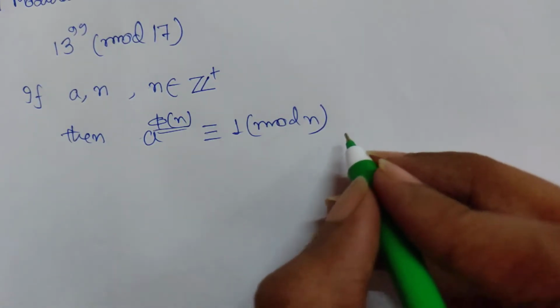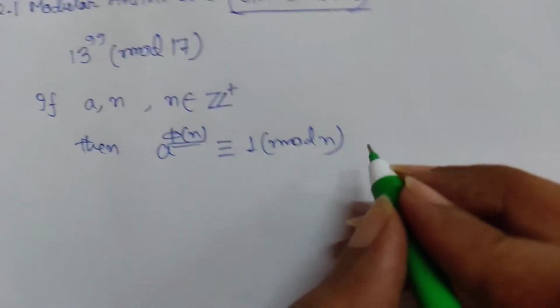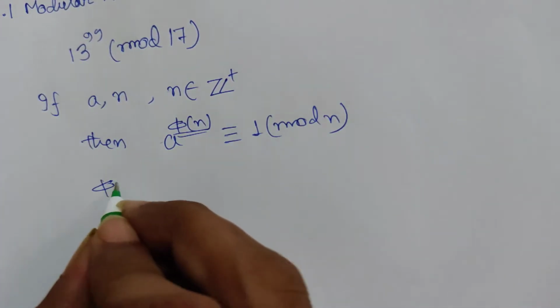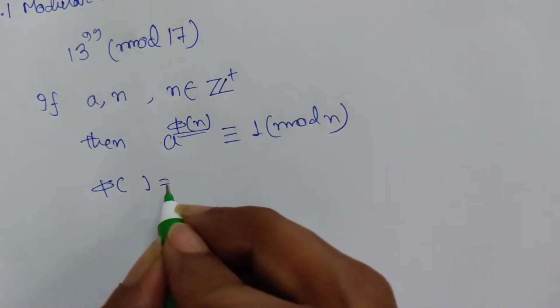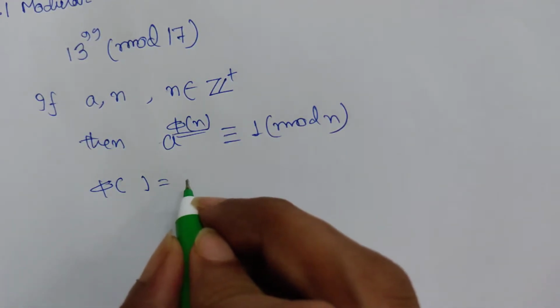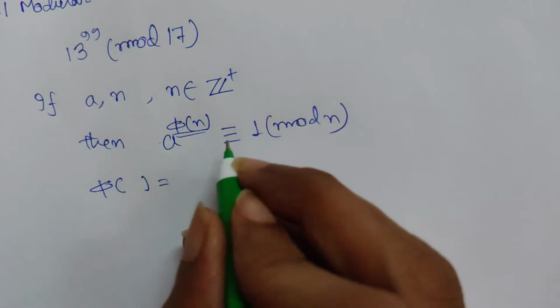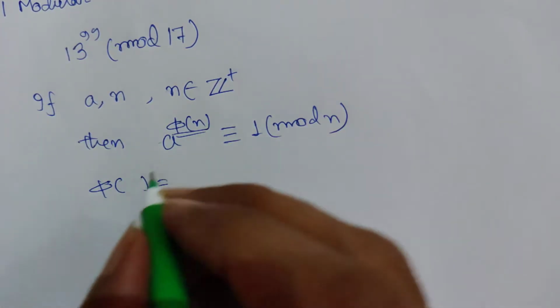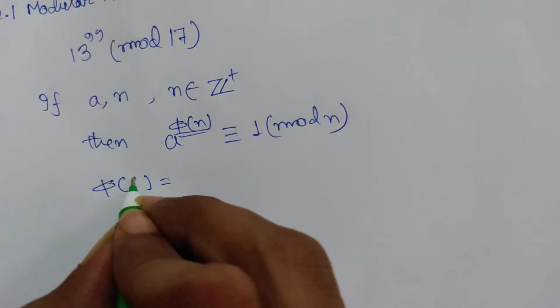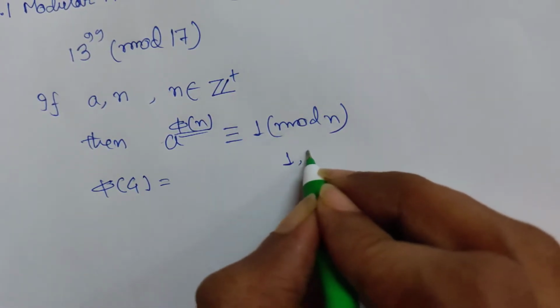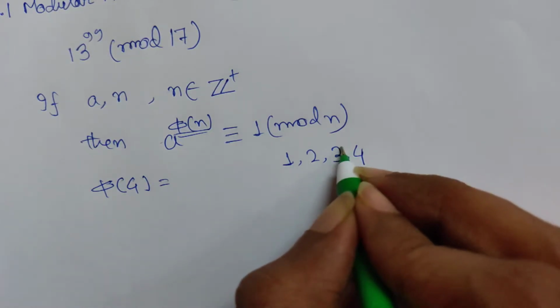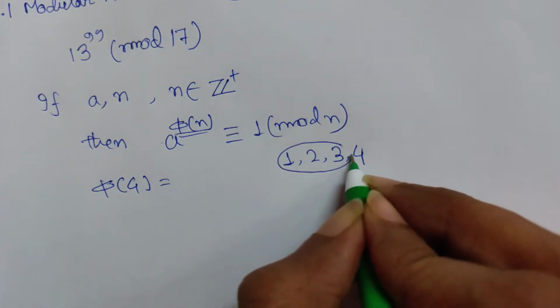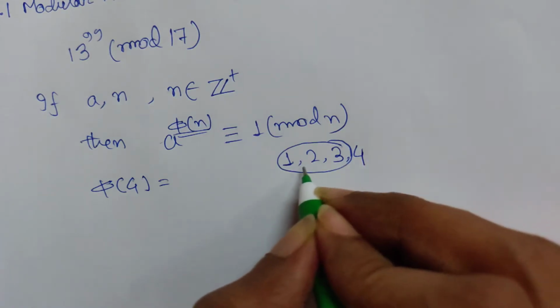So what is Euler's function? Phi of n is basically the number of how many numbers are relatively prime or coprime with n. If n is 4, how many numbers less than 4 are relatively prime or coprime with 4?